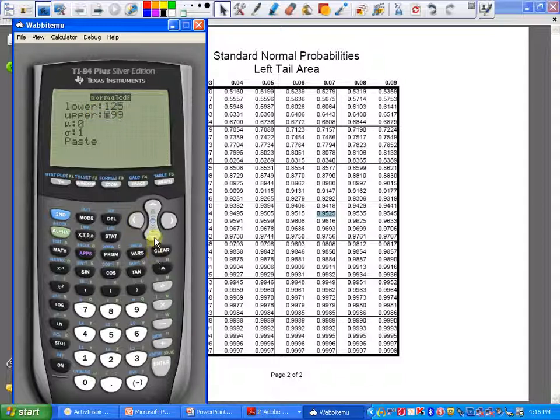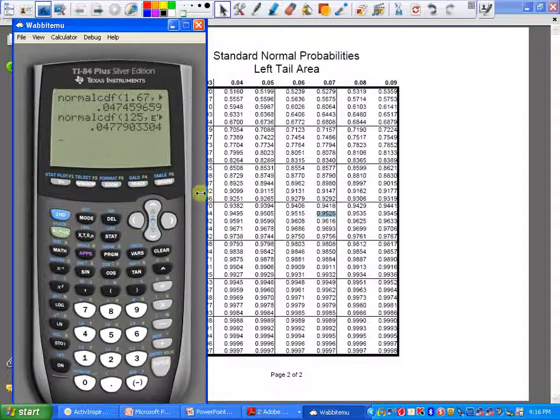But now we have to change our mean to the mean IQ score, which is 100, and a standard deviation of 15. And then we'll get very close to the same answer.